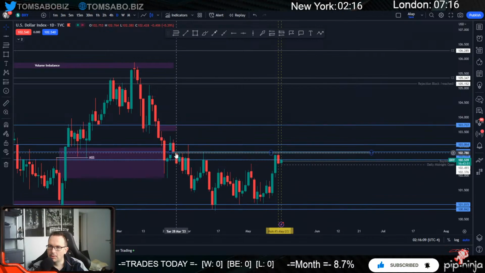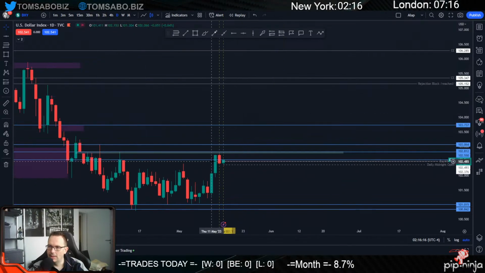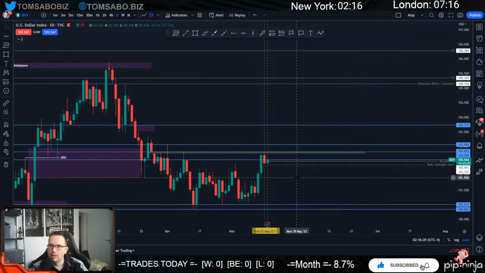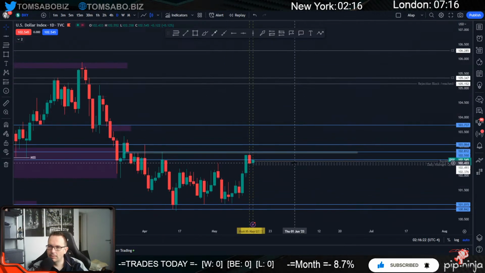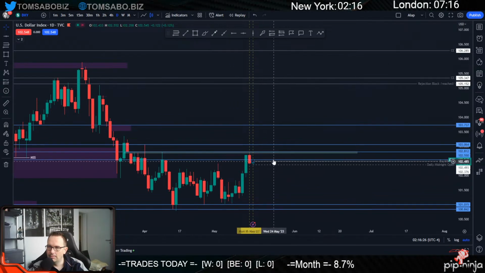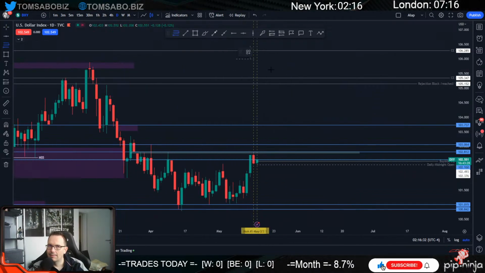Kind of an interesting point of interest, to be repriced, and it does act as a kind of magnet. So anyway, this is the daily chart. Broke structure to the upside. Could go back down to reprice this area.